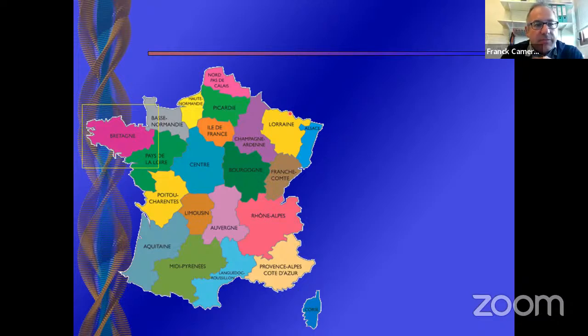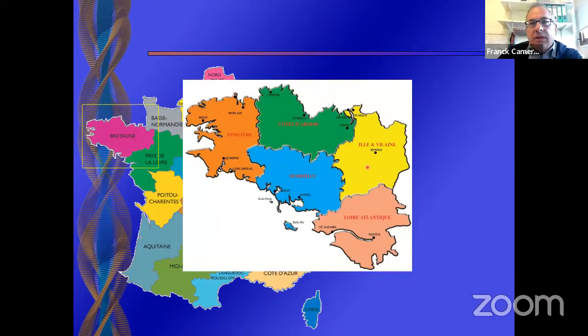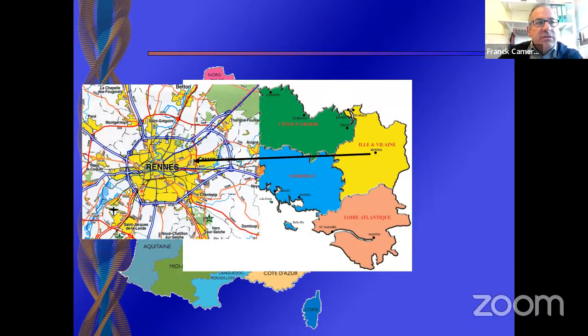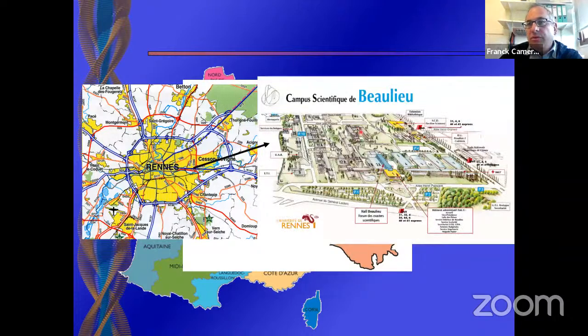So this is the map of France, and we are in the area of Brittany here on the west part of France. In this area, you have another area which is called Ille-et-Vilaine, and the main town in Ille-et-Vilaine is Rennes, where I am. So this is the town of Rennes, and we are on the east part of Rennes in the campus called Beaulieu.